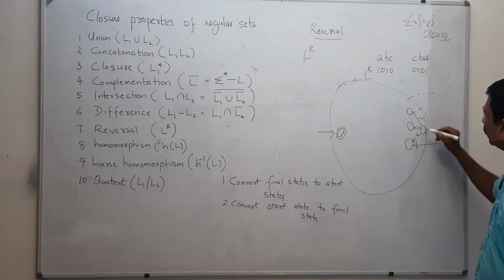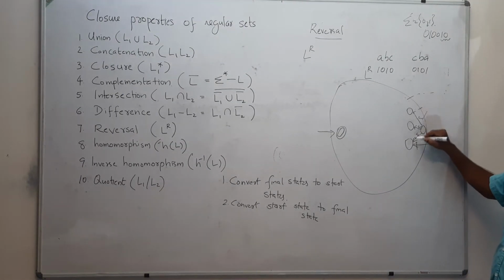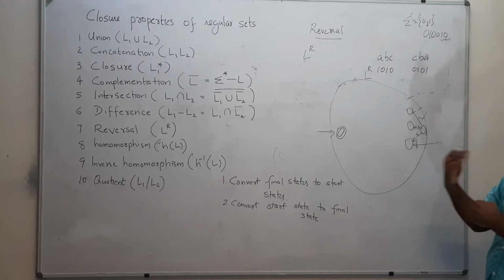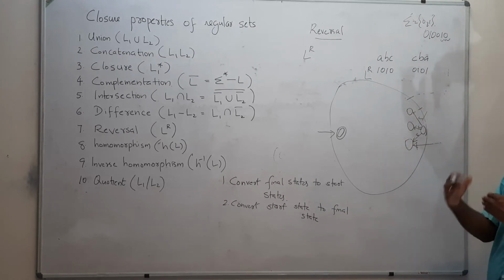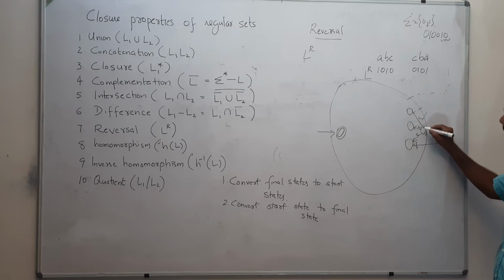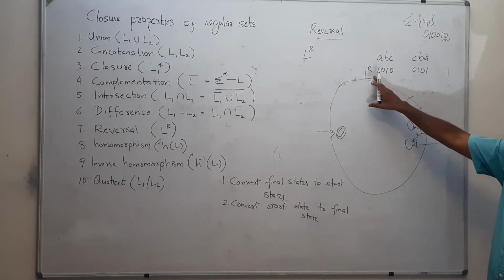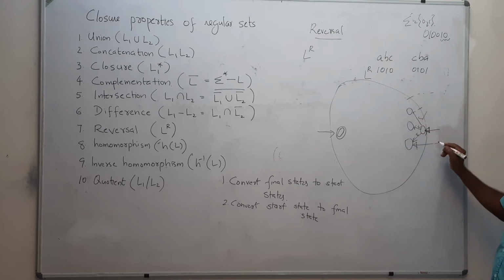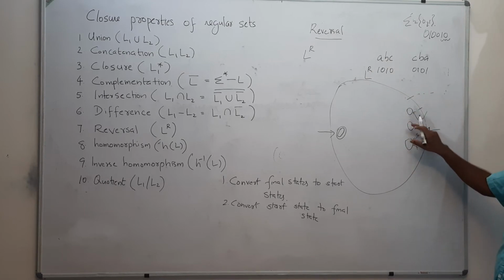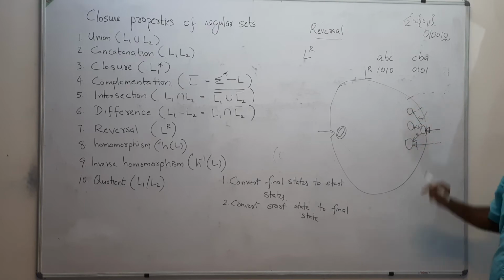Now if you have more than one start state for the revised finite automaton, L raised to R, you have to create another node and make it the start state of L raised to R, and have epsilon transitions to the new start states.